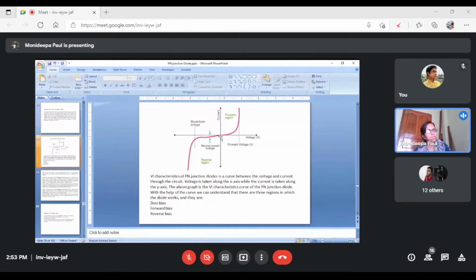Due to the potential barrier, the semiconducting material is in a stable condition, that means equilibrium state. So the potential barrier opposes the flow of any type of carrier, minority or majority. So there is no current at the 0 point. Any question at 0 bias?